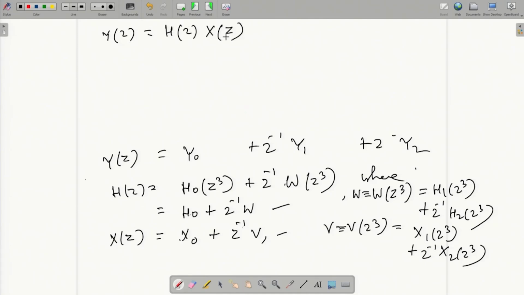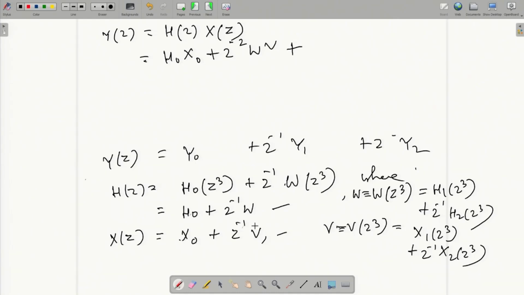Okay. And if you substitute H(z) into X(z), it will be H0 X0 as a function of z to the power 3, then z inverse 1, z inverse 1, the z inverse 2 WV and the two cross terms, but we will write it in this manner: H0 X0 plus z inverse 2 WV, and when it comes to cross terms, we will not carry out the product X0W or H0V.